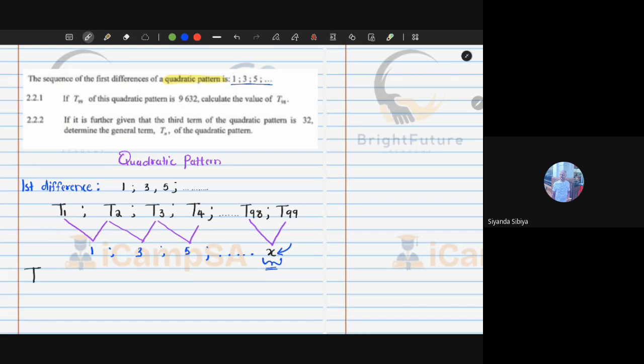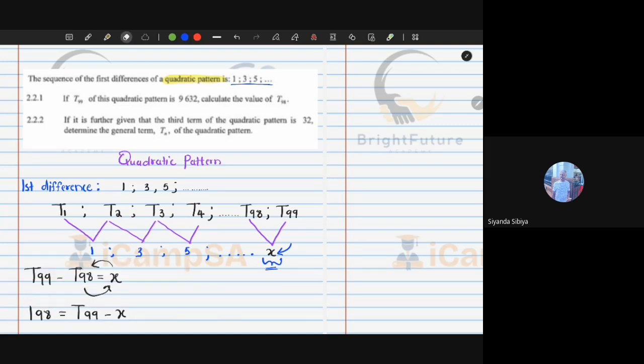So if you do T99 minus T98, we know that that should give us X. And what we are looking for is T98. So this means you can transpose this one to the side and this one to the side, such that your T98 becomes your T99 minus X. That is what should happen.